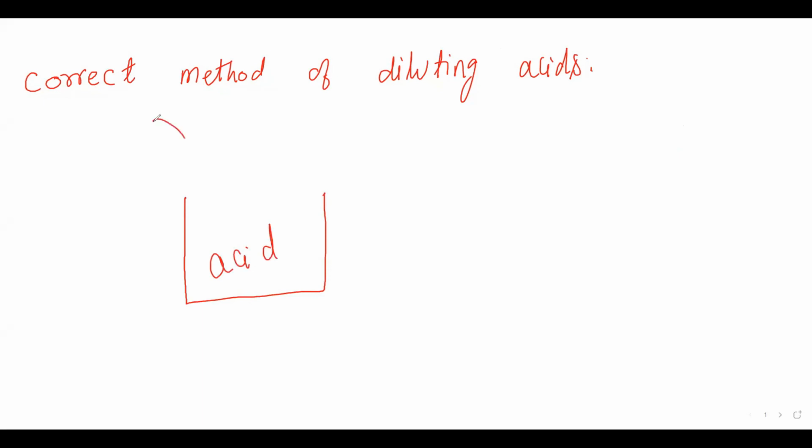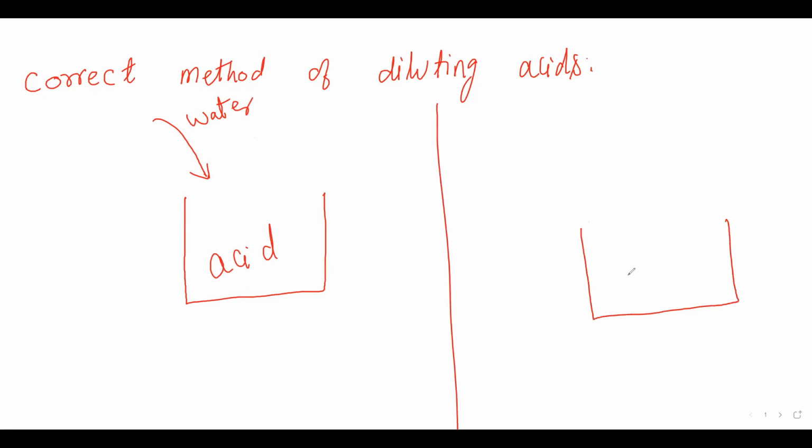The first method is adding water to acid. In the second method, you add acid to water. Which is the correct procedure? Is it okay to add water to acid, or is it correct to add acid to water? Let us see.